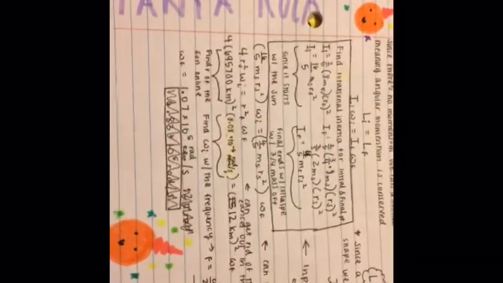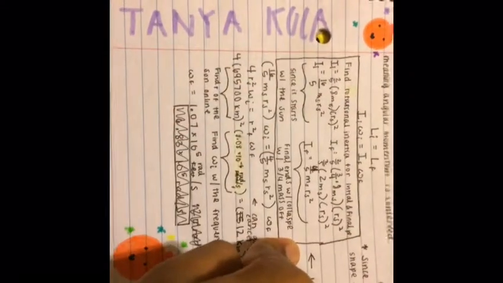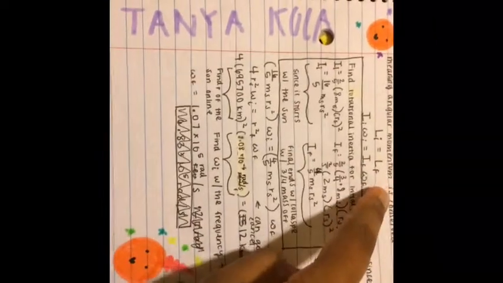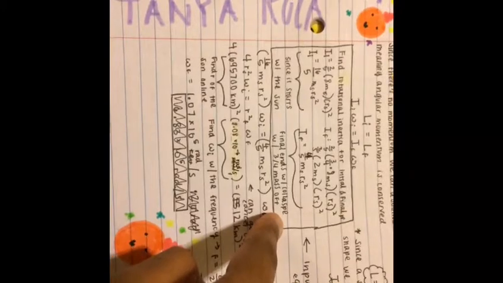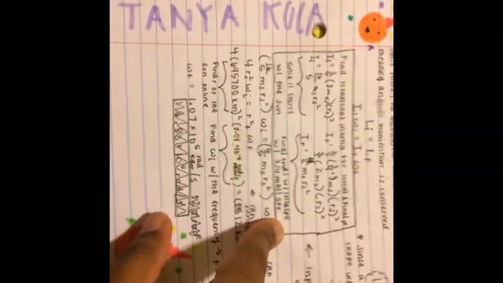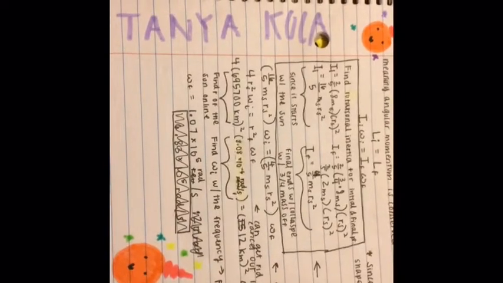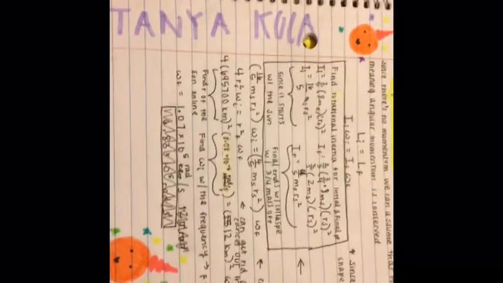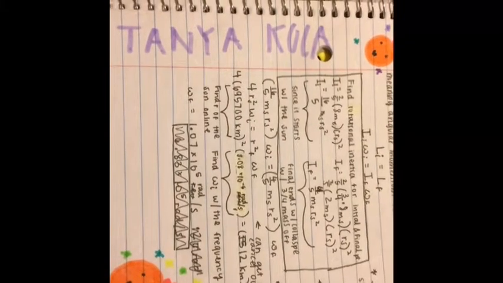And the next step we have to do is what's in the box right here. It's not really part of the equation steps from here to here. It's kind of separate because in the system itself, the moment of inertia is changing since the sun is collapsing, and its mass is decreasing and its radius is decreasing at the same time.